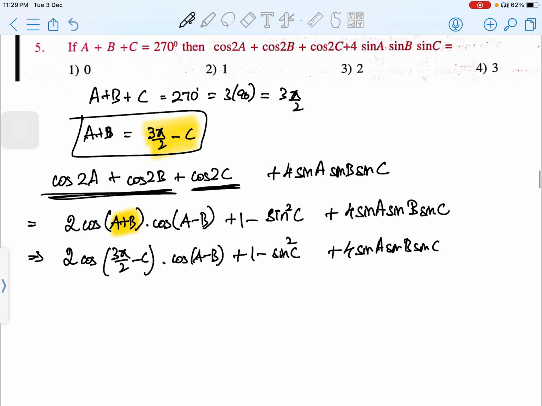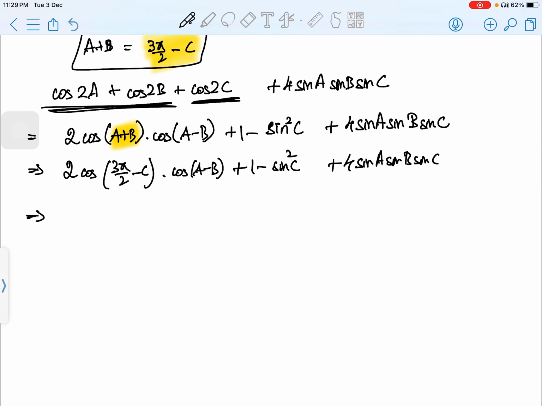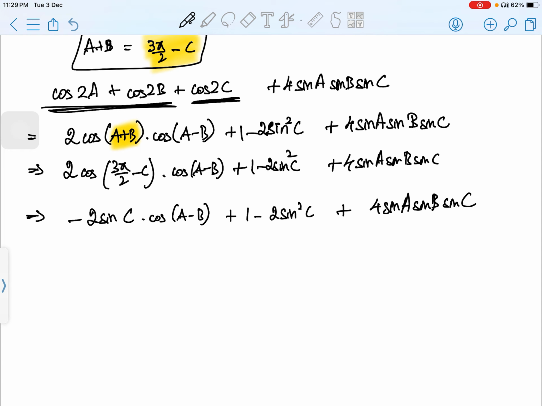Now this cos of 3 pi by 2 minus c, this lies in the third quadrant only. So here it will become negative. So minus 2 sin c cos of a minus b plus 1 minus 2 sin square c plus 4 sin A, sin B, sin C. So from this term and this term alone, first we will try that one.